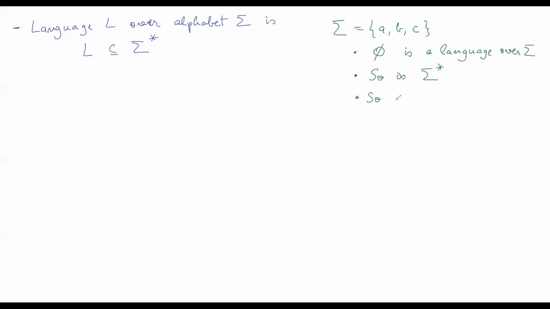But so is, for example, the set AB, CBA, and ABA. That's also a language over sigma. But so is, for example, this set, which is made of all the words of the form AB to power N, C, A to power N, B for all N greater than or equal to, say, 5. That's also a language over sigma.